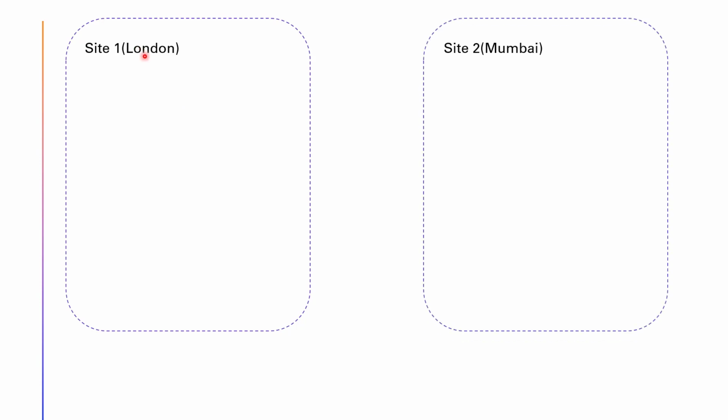Let's say one site resides in London, so we can create indexers, or search peers, which are tagged to site 1, London. Let's say another site is based in Mumbai. Whatever peers I create over here will be tagged to this particular site.